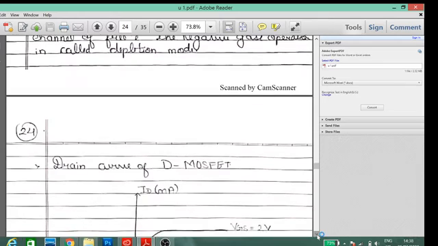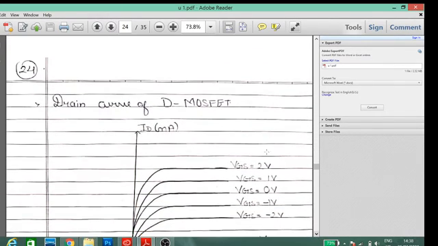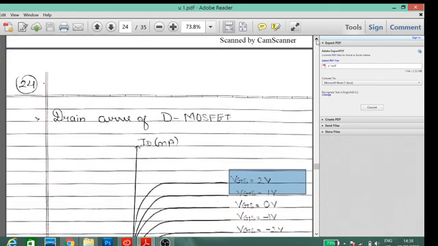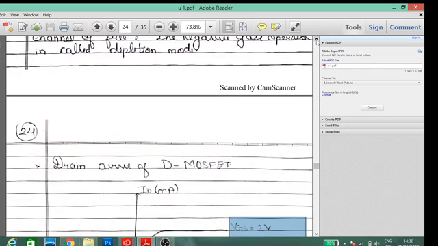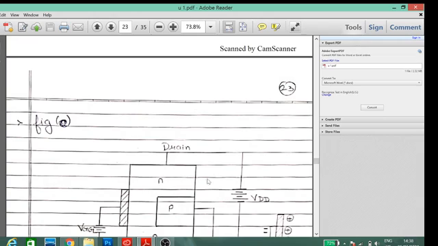Drain characteristic of the D-MOSFET: as you can see, it can operate in positive voltage VGS also, and in negative voltage of VGS also. In negative voltage, it is known as depletion mode. In positive voltage, it is known as enhancement mode. In enhancement mode, when the gate voltage is more positive, what happens? The channel is enhanced; more electrons are attracted and try to enter into the P channel.